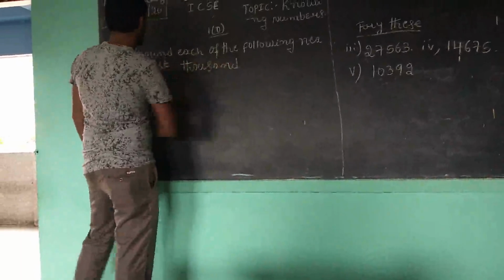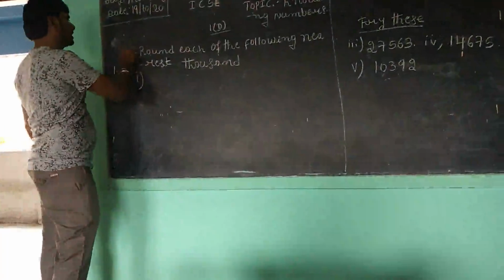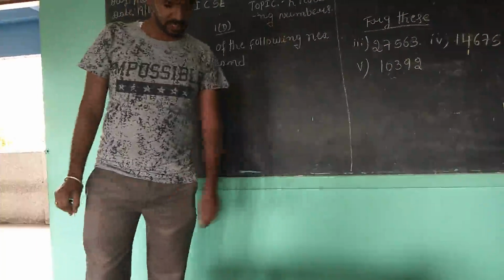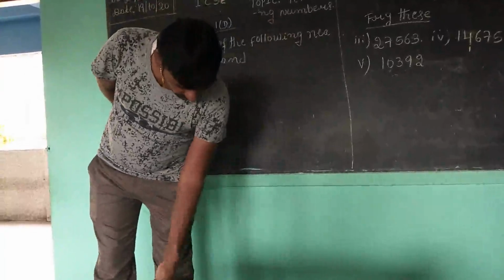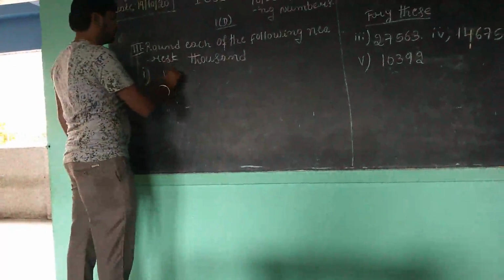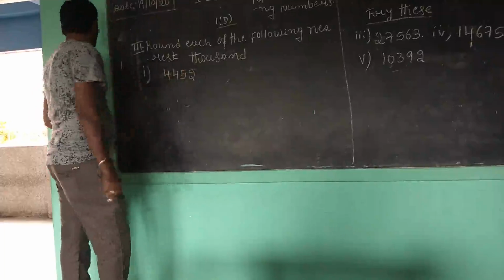How can we calculate? See children, this is the third line. Round each of the following to the nearest 1000. The first question is 4,452. See children, here 4,400.